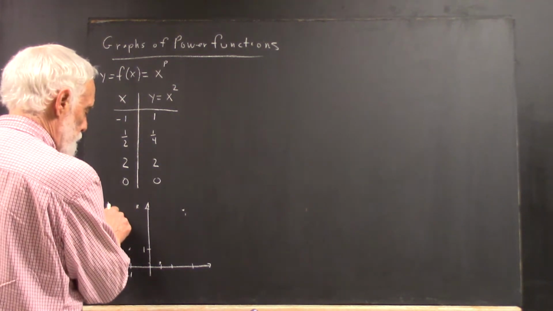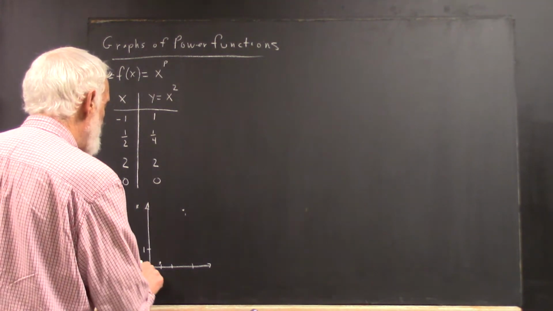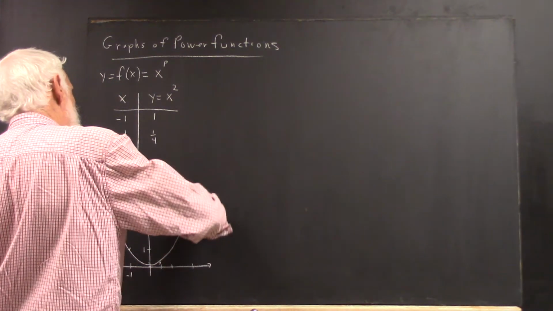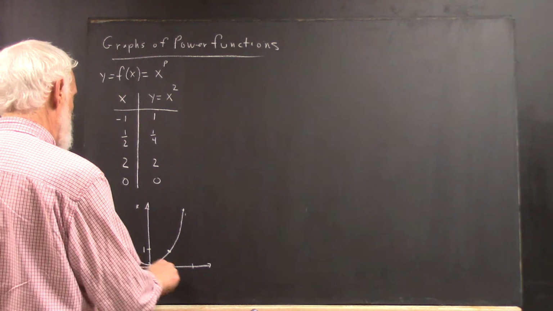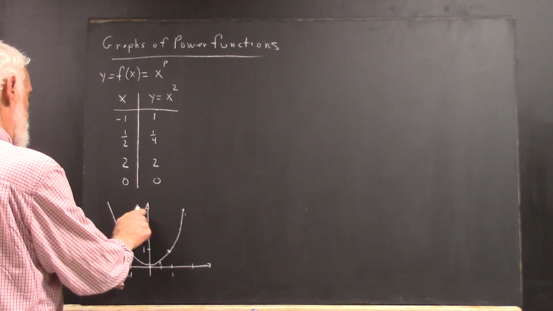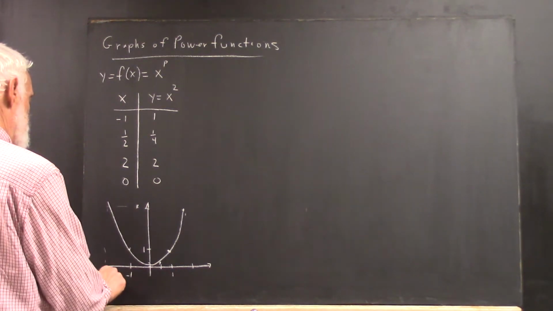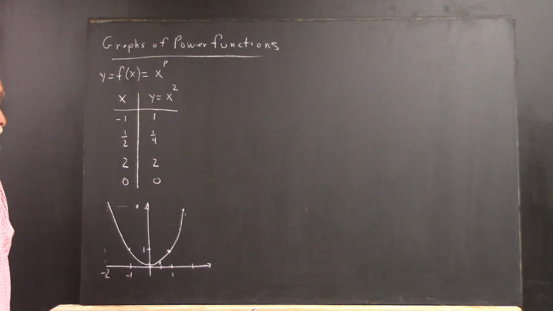We can draw the graph. And it's going to work out. 1 is going to correspond to 1. If we come over here, we're going to see that -2 corresponds to 4, and so forth.